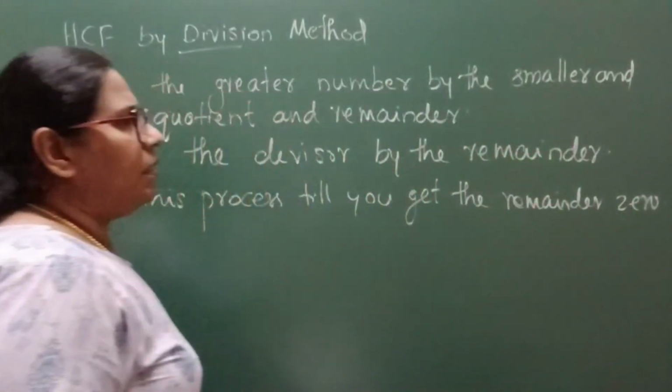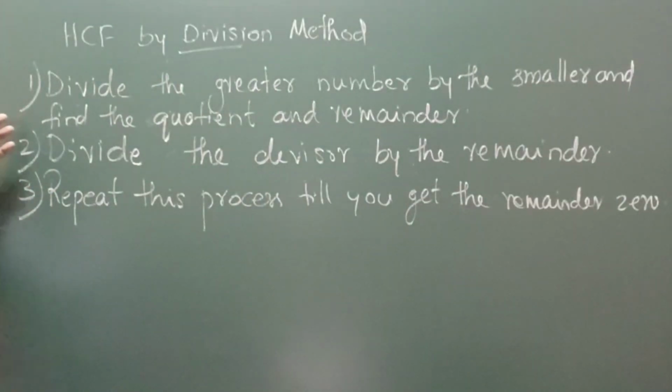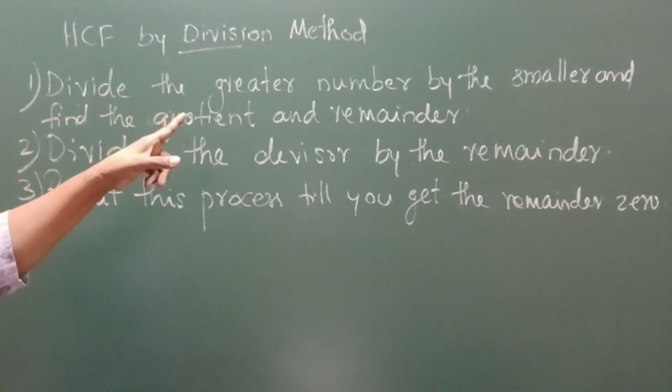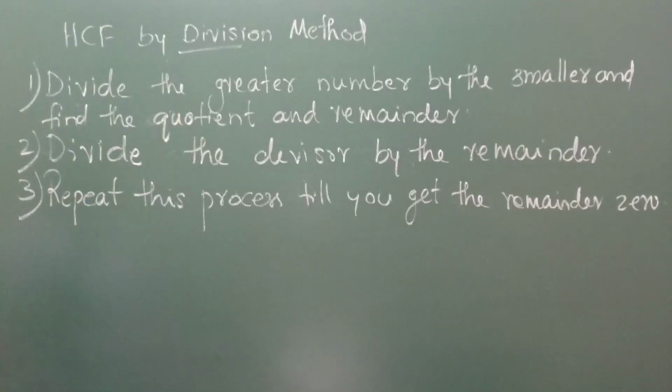Once again, minimum 2 numbers will be there. Divide the greater number by the smaller and find the quotient and remainder.